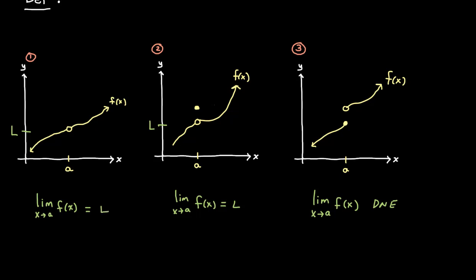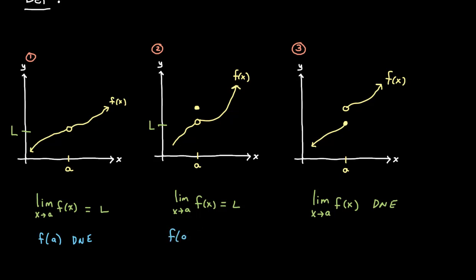Pretty straightforward. Next, I want to ask whether or not the function even has a value at x equals a. So for this one, what is f of a? Nothing. There's a hole here. f of a does not exist. For the second one, does f of a exist?